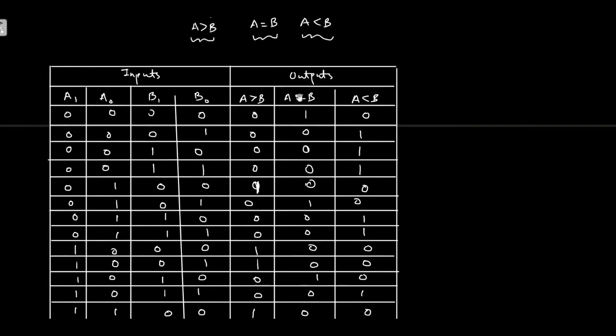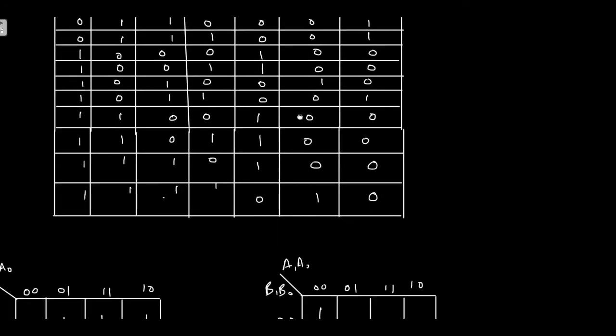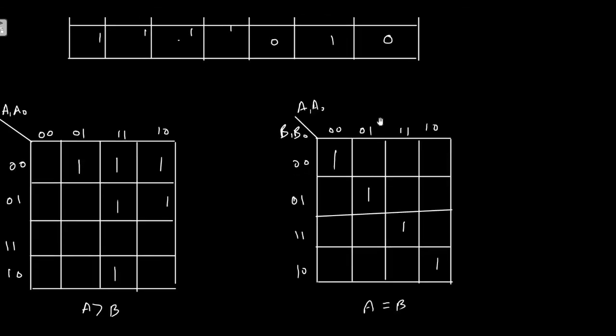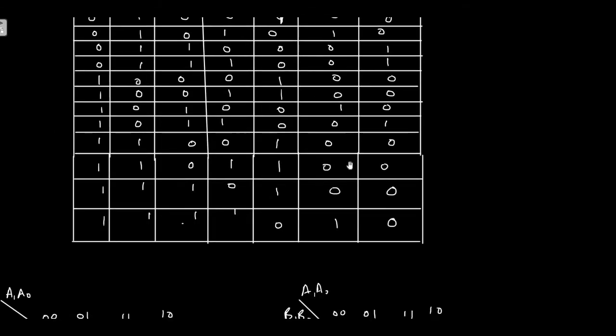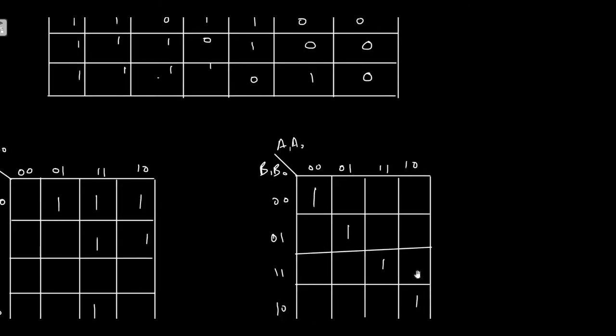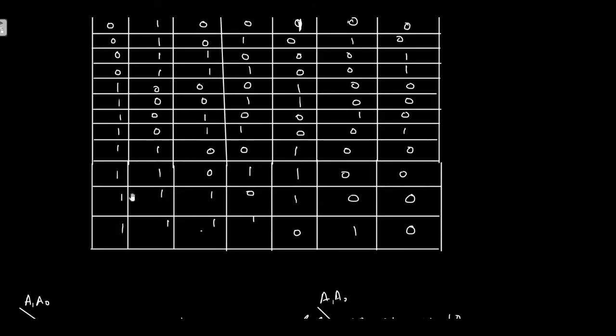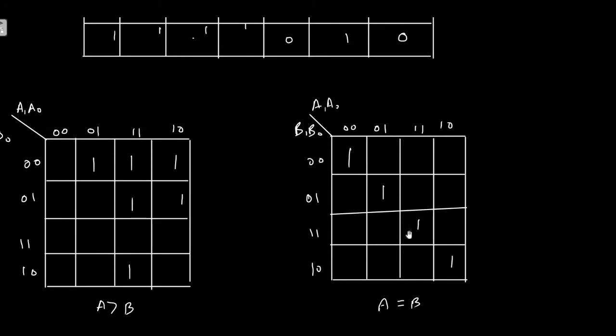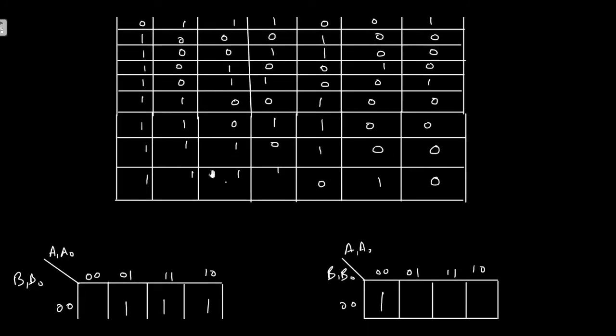Similarly, for A equal to B, we can represent all the ones on this K-map. The first is all the zeros where there is 1, then 0101, that is 1, then 1010, and then 1111.